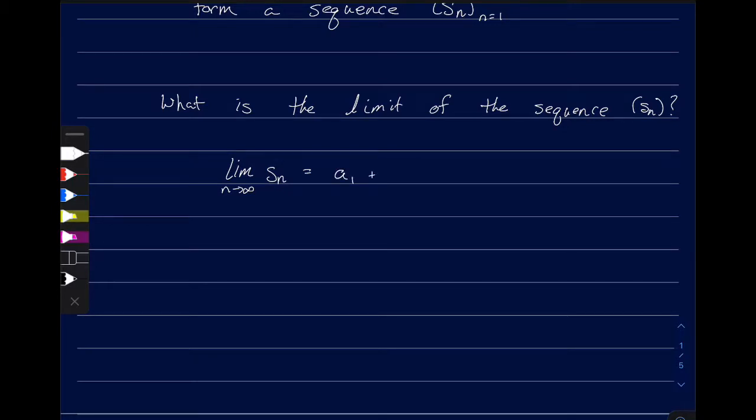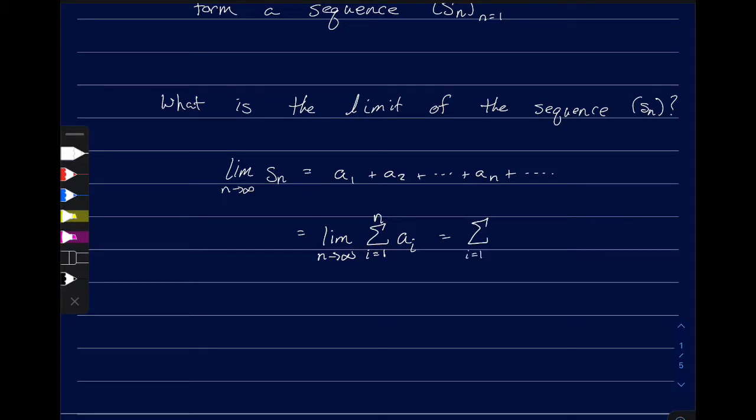Well, the limit as n approaches infinity of Sn is going to be A1 plus A2 and so on and so forth to An and continuing. We can rewrite this as the limit as n approaches infinity of the sum as i goes from 1, which is just our starting index, to n of a sub i.